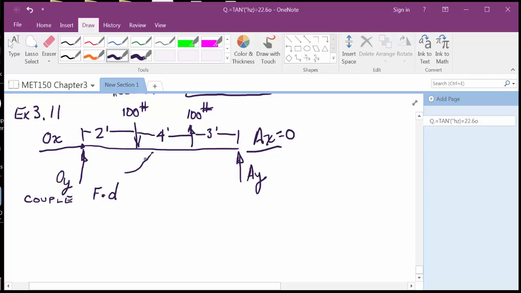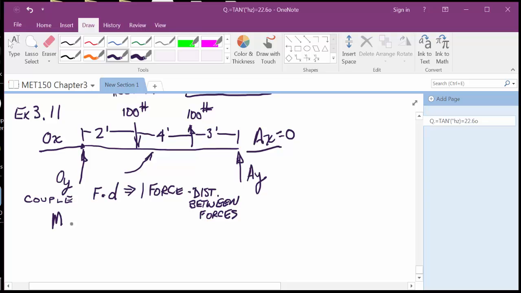You take one force, not both of them, one force times the distance between forces.